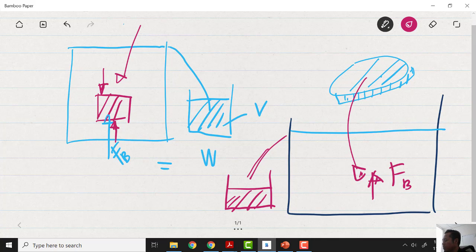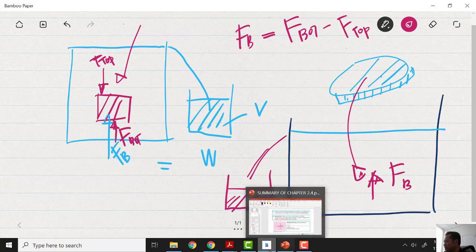So FB can be written as F bottom, FBOT, minus F top, FTOP. We can write it like that.